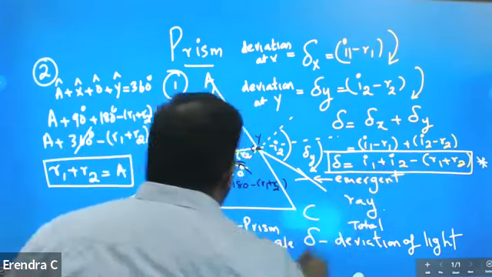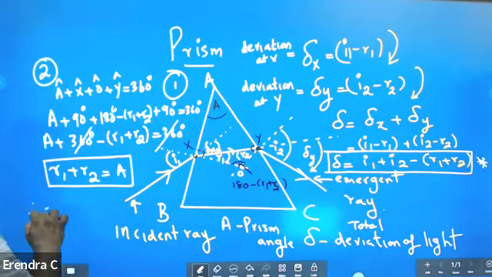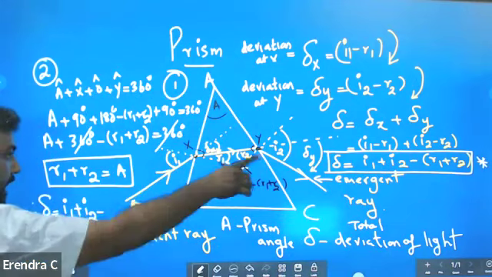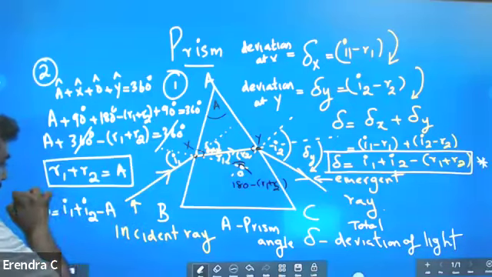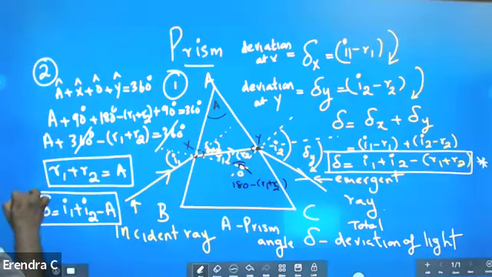Now you can modify the relationship here. Therefore, deviation is I1 plus I2 minus (R1 plus R2), which means I1 plus I2 minus A. There you go, another relationship.